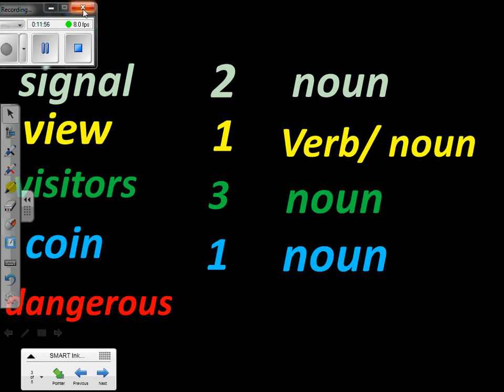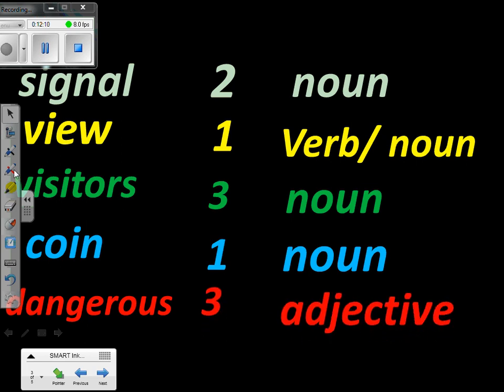All right, raise your hand. Dangerous, Jana Islam, yes. How many syllables in dangerous? All the class do it together. Dangerous. Three. And what is the meaning of dangerous?